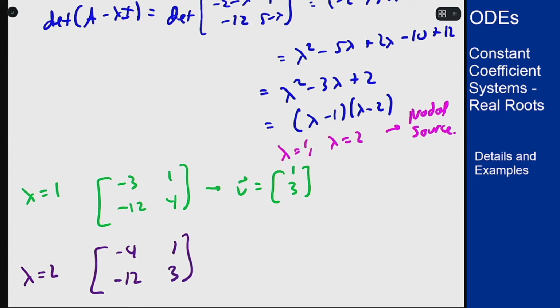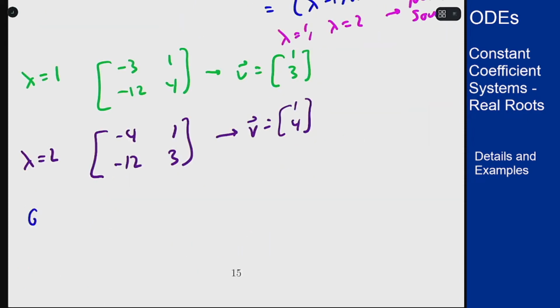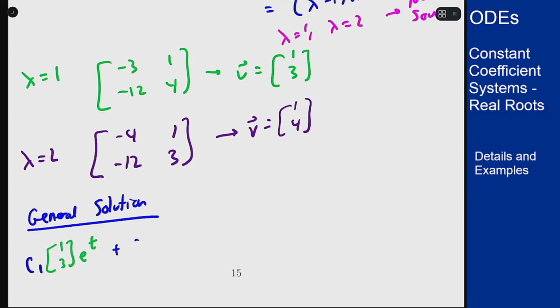Again, the bottom row is 3 times the top, so my vector here is going to be 1, 4. Which means that I can write the general solution: C1 times 1, 3 e to the t, because lambda is 1 there, plus C2 times 1, 4 e to the 2t.